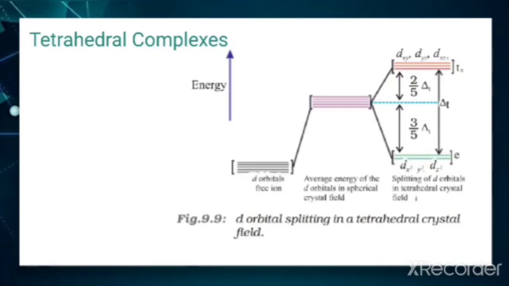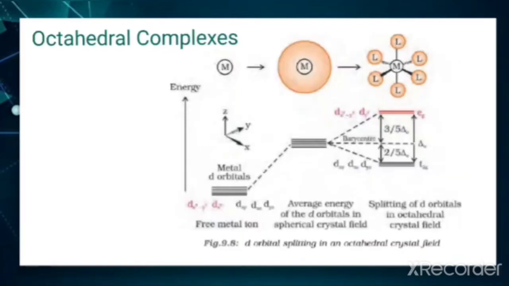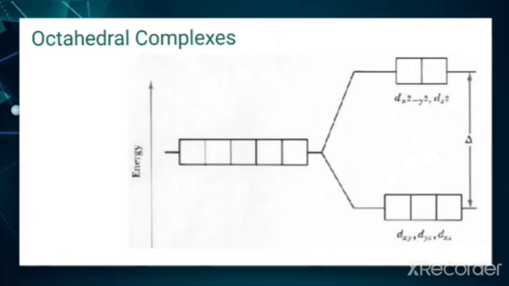Now when you compare this diagram with the diagram for the octahedral complex, it is clear that here you are making the three boxes down and two boxes up. For the octahedral complex, you will be making three boxes down and two boxes up, because the energy of dxy, dyz and dzx is lower, and the energy of dx square y square and dz square is greater.